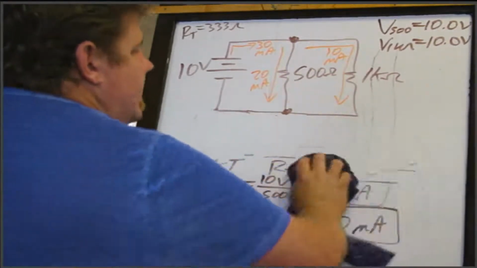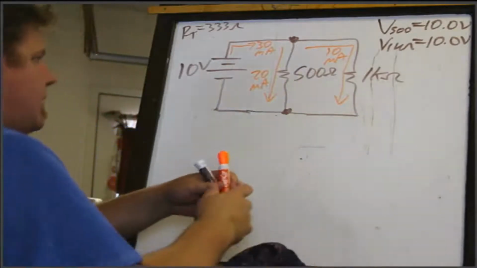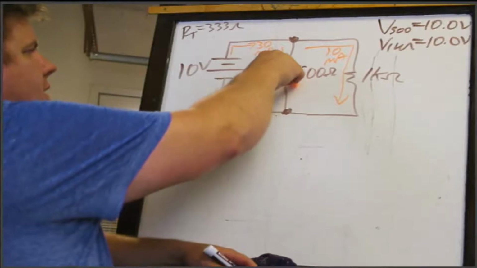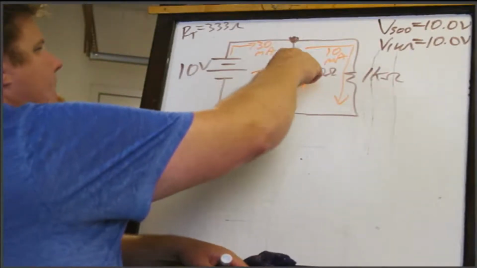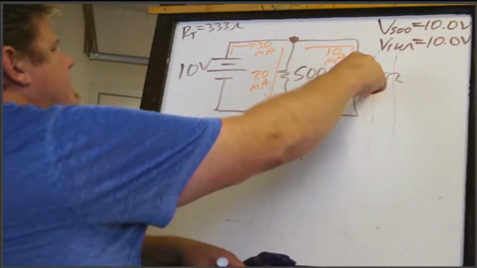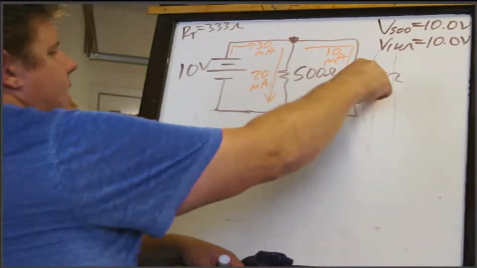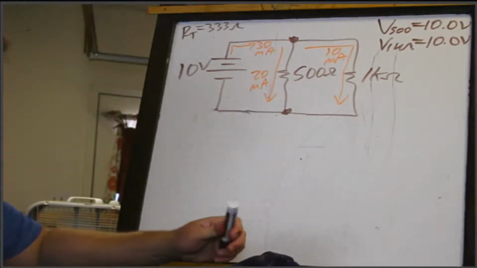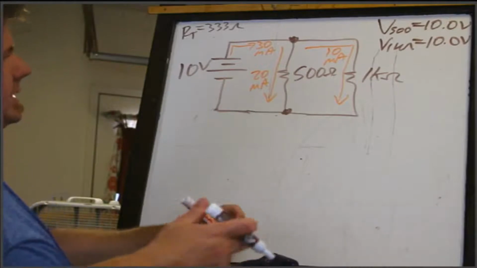So we did everything that we needed to do, and if we wanted to find the power dissipated by each one, same thing, it would be 10 volts times 20 milliamps. So this one would dissipate 200 milliwatts. This one, 10 milliamps times 10 volts, would be 100 milliwatts. So 200 milliwatts and 100 milliwatts. Both of them are under a quarter watt.